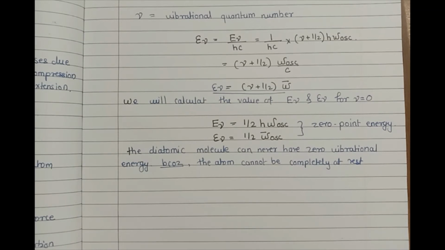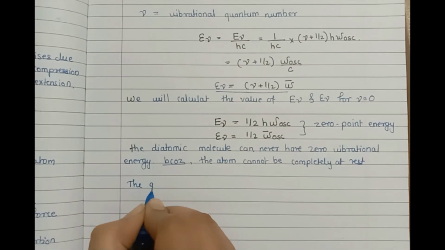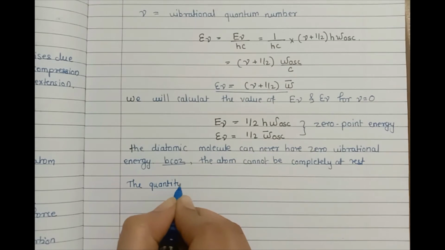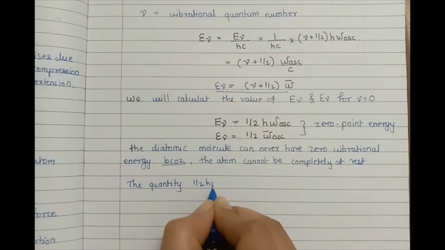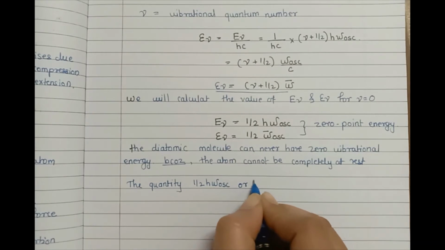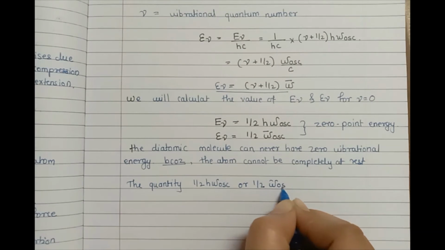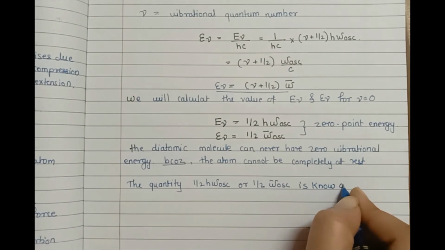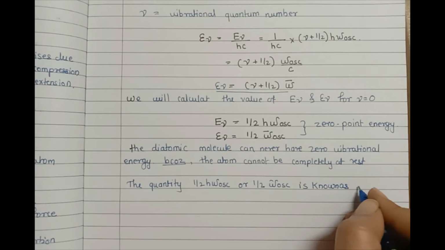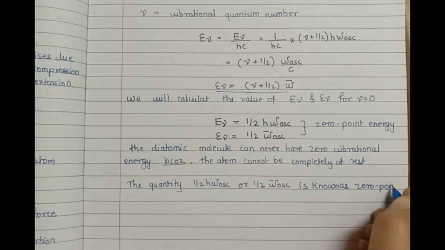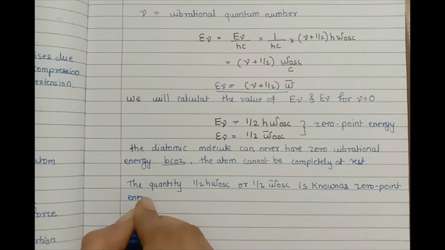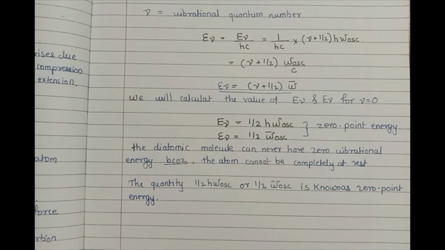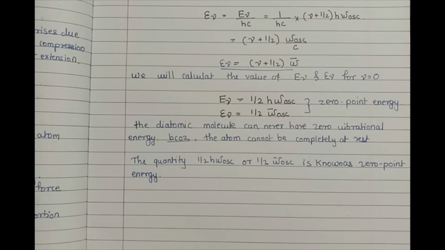So the quantity 1/2 h omega oscillation or 1/2 omega bar oscillation is known as zero point energy. So there is always a question on zero point energy. Okay, so the prediction of zero point energy is the basic difference between the wave mechanics and the classical mechanics.